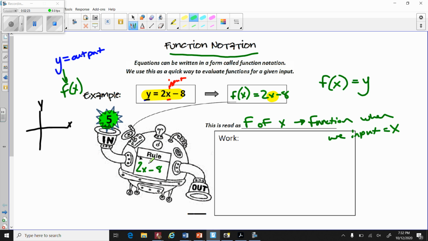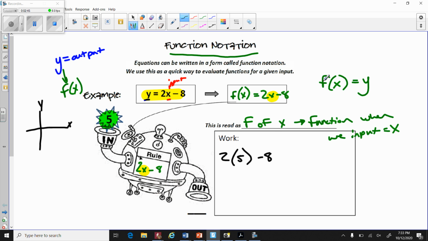Right, so inside of the function, wherever I see x, I'm going to plug in 5 and then continue writing. So the only thing I did is replace x with 5.